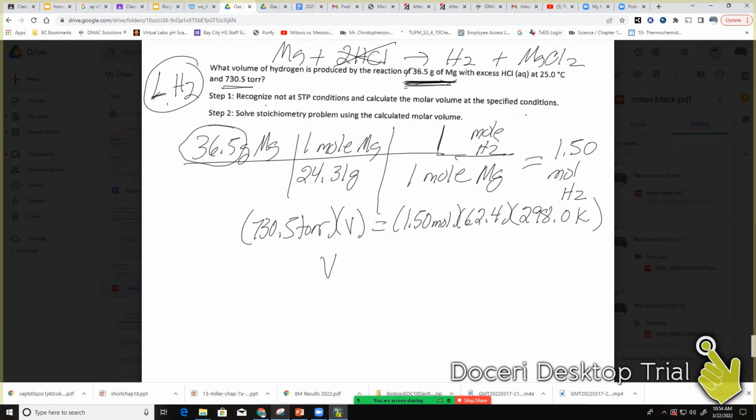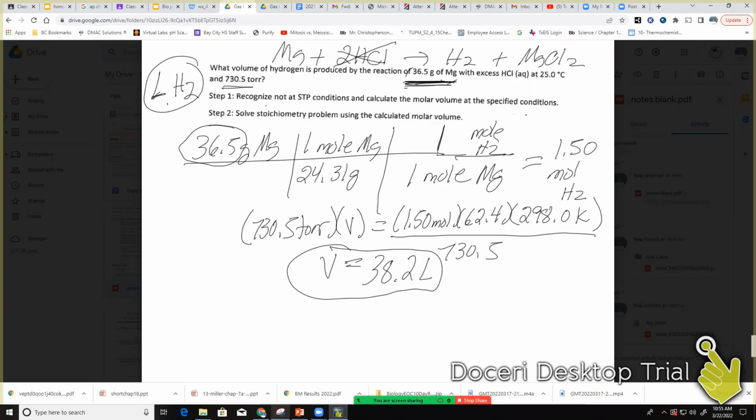So solve for my V, which means I divide all this by 730.5. And that should tell us how many liters of hydrogen. Perfect, 38.2 liters. That is finally my answer.